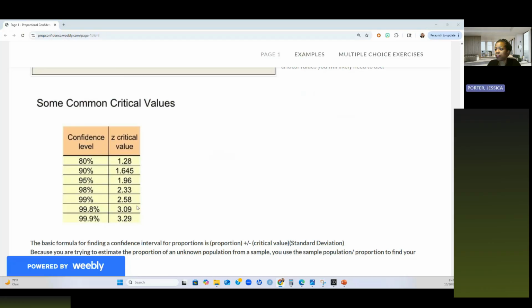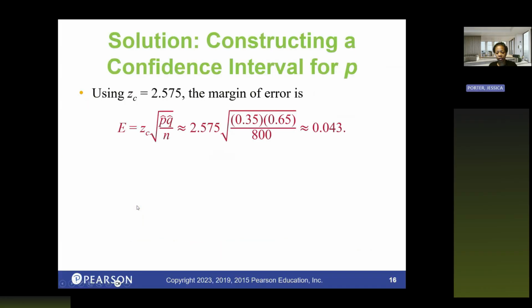Okay, so what I've done here is I'm multiplying 0.35 times 0.65 all over 800 and getting 0.043. So in order to find my left and right, p hat minus E is approximately 0.35 minus 0.043.